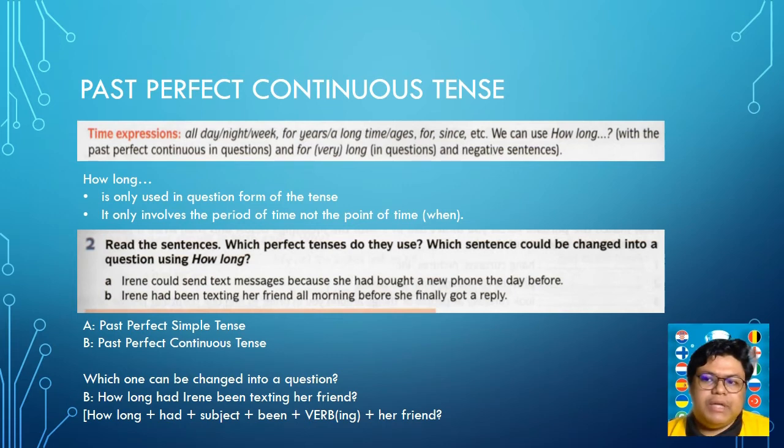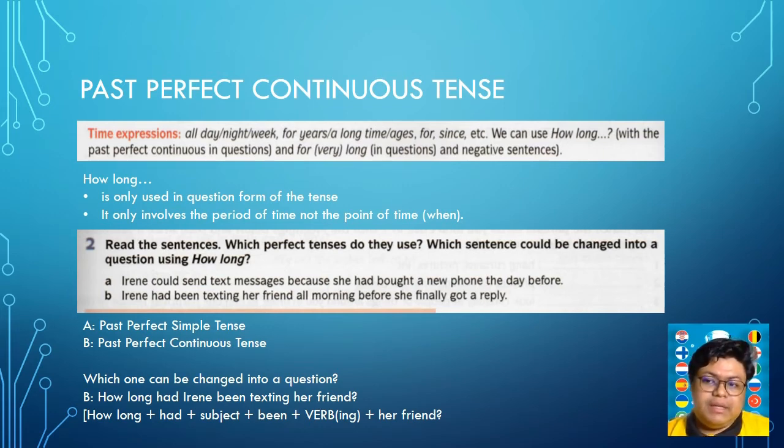Kita gunakan how long untuk soalan sahaja. It only involves the period of time, not the point of time. Kita tak boleh gunakan how long untuk cakap pasal bila. Kita gunakan how long untuk bercakap pasal satu jangka masa.